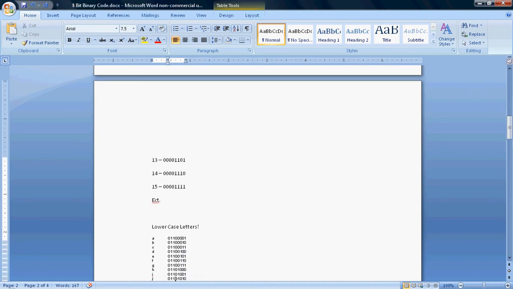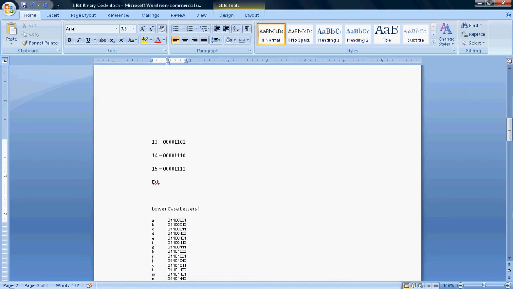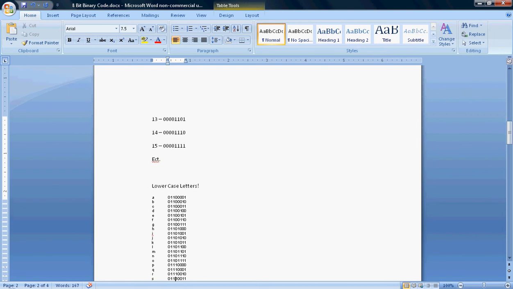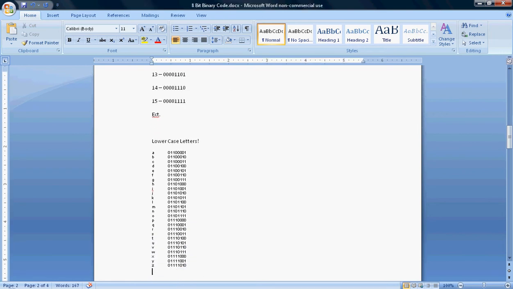Lowercase letters are quite simple. It's just like the numbers, but there's a slight twist here. As you can see, there are 1s right here. You might wonder, what do these 1s mean? It's the same exact thing. Turn this 1 on here, but you do need these 2 1s.